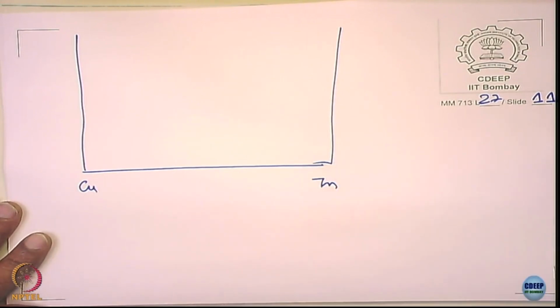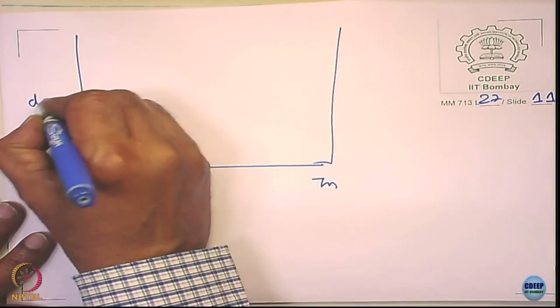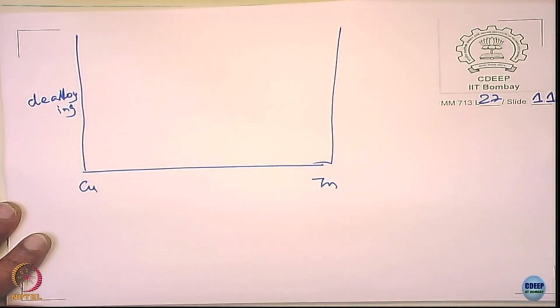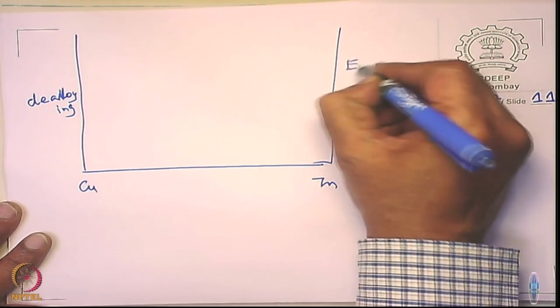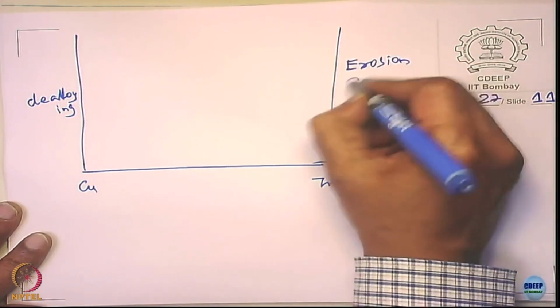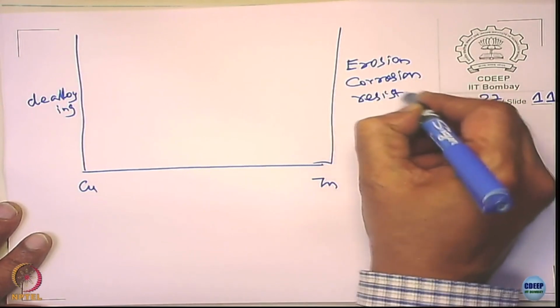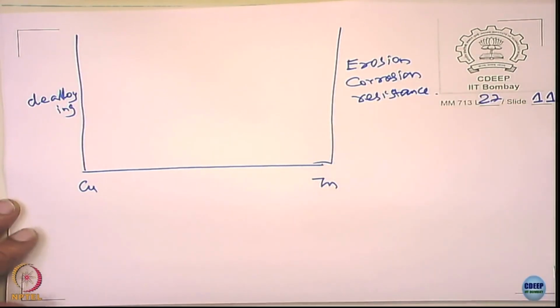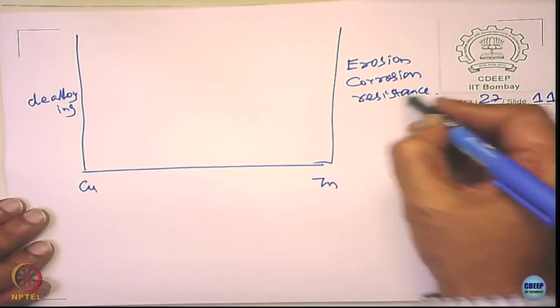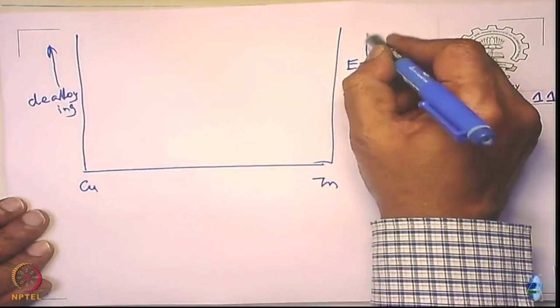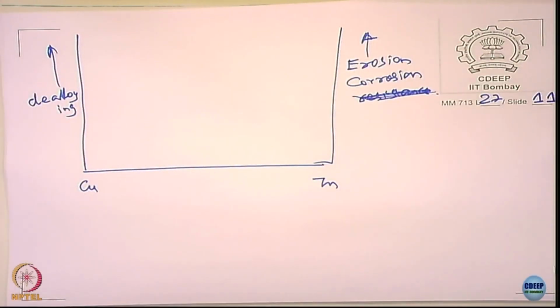The limited extent of de-alloying, erosion corrosion. No, I do not call it resistance here, I say erosion corrosion, both scales are going in the same manner. Can you plot how this will happen?